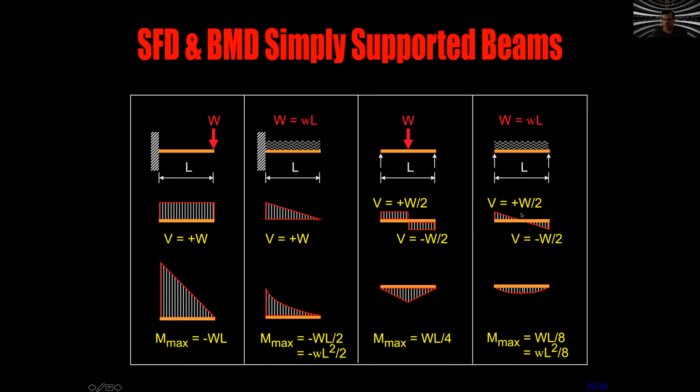The shear passes through 0. Then I calculate these particular areas. That's something that we will explain later on. And I will have a moment diagram where the maximum moment, the highest, will be in the center, the same place where the shear passes through 0, and the moment is minimum when the moment is 0.